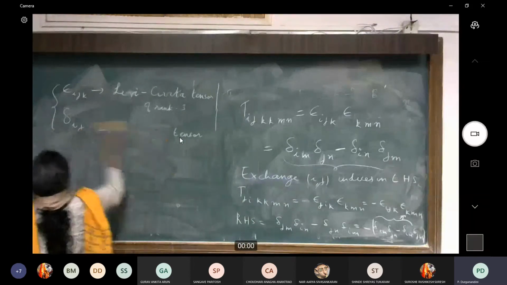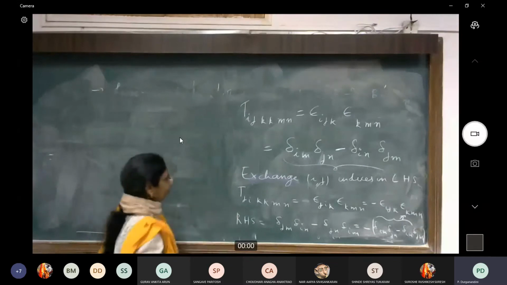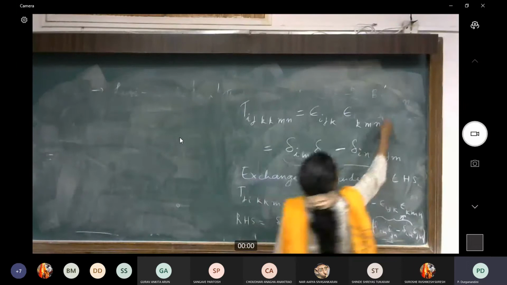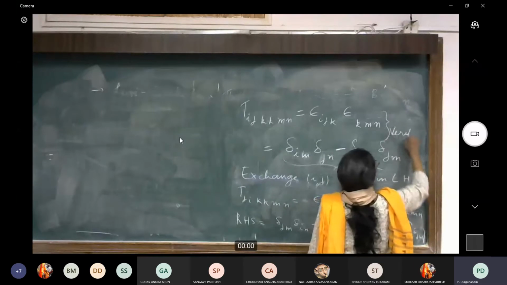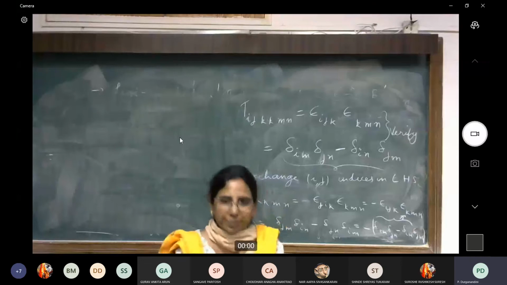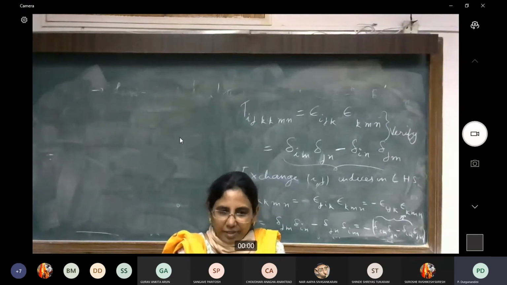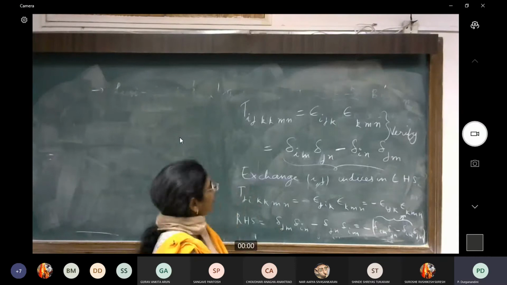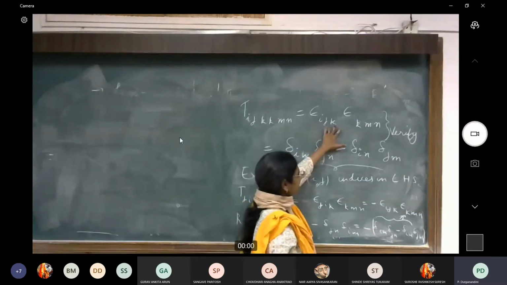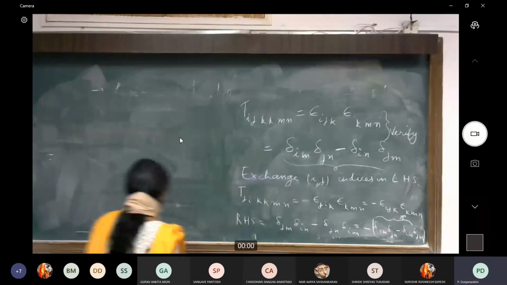Now I leave the next part to you as an exercise. How to verify this? What you do is use the property which I told you earlier about the relation between epsilon and the R matrices. Try to use that relation between the epsilons and the rotation matrices and see if you can establish this identity.